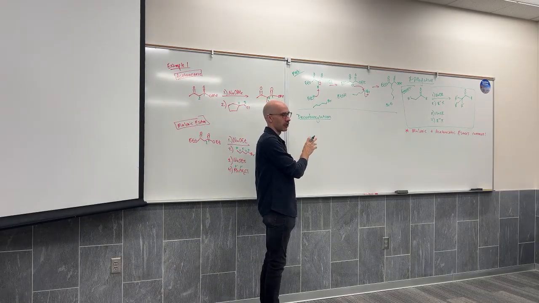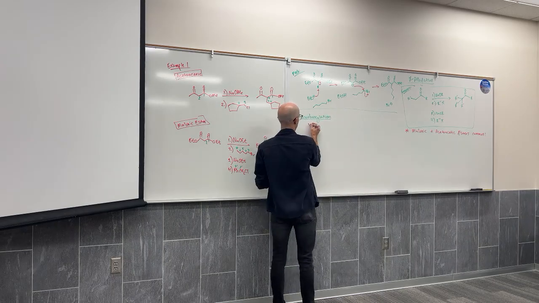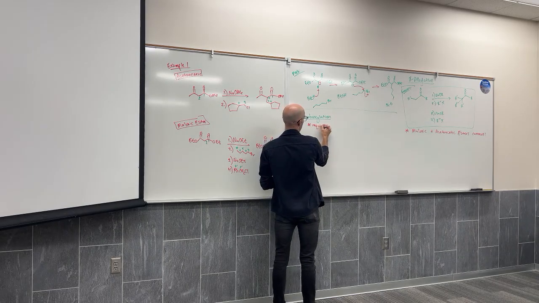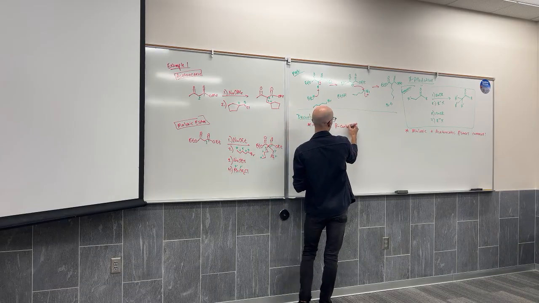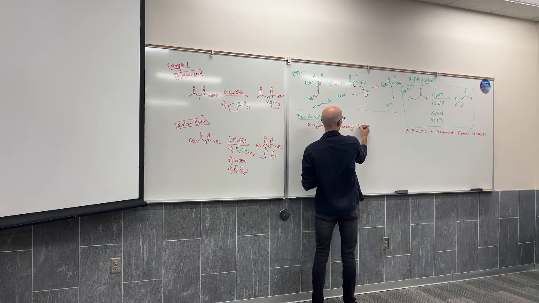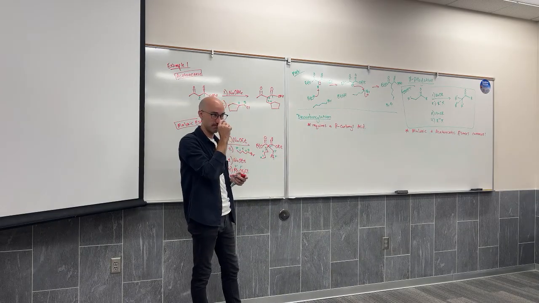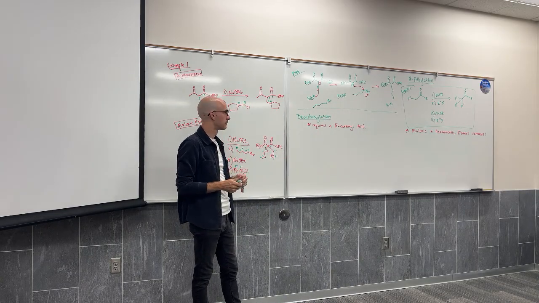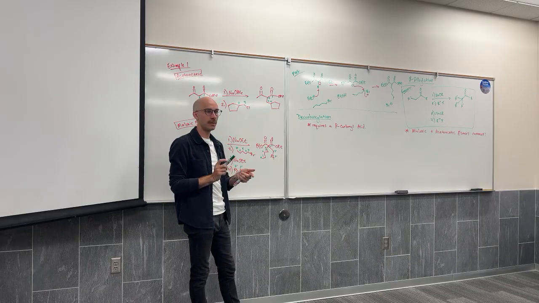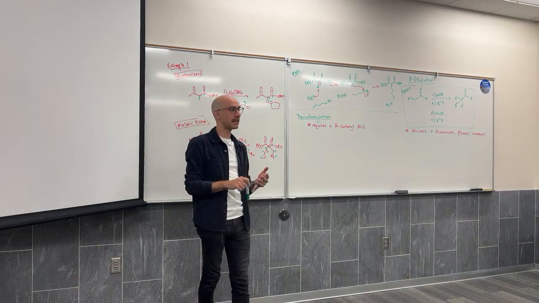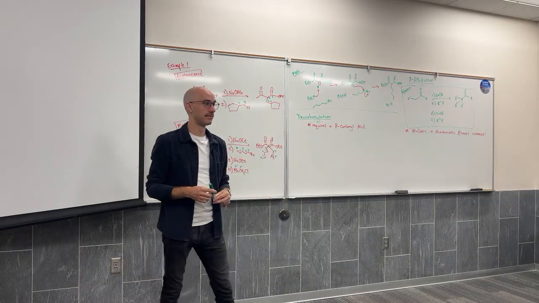What we need in order for decarboxylation to occur: it requires a beta carbonyl acid. What can that carbonyl be? Well, that carbonyl could be an aldehyde, that carbonyl could be a ketone, that carbonyl could be another carboxylic acid.